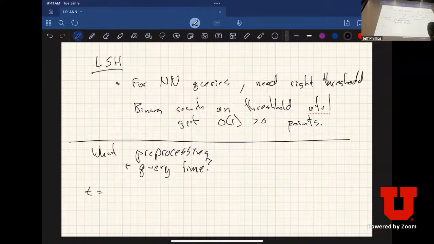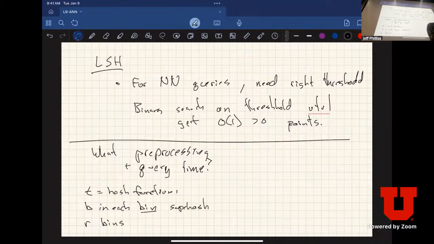So I'm going to have t hash functions total, and I'm going to have b in each bin, and I'm going to have r bins. Each bin will be one of these super hashes, where I project down to a b-dimensional space, think 2 dimensions, and put down a 2-dimensional grid instead of a 1-dimensional grid.